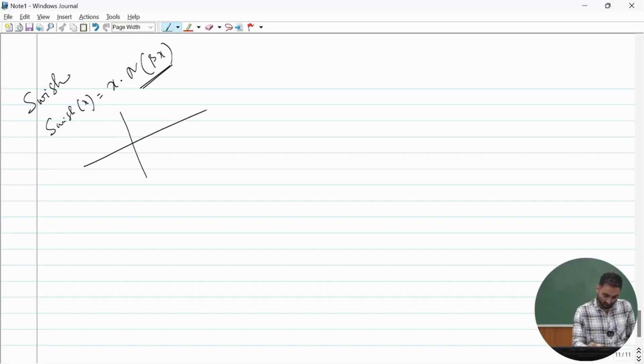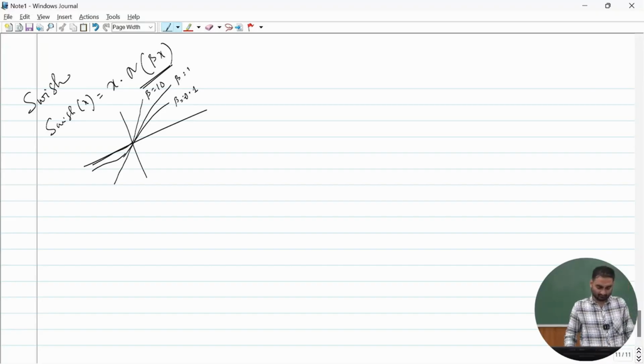If, let's say, beta is 10, it will look like this. If beta is 0.1, it looks like this. If beta is 1, it looks like this.